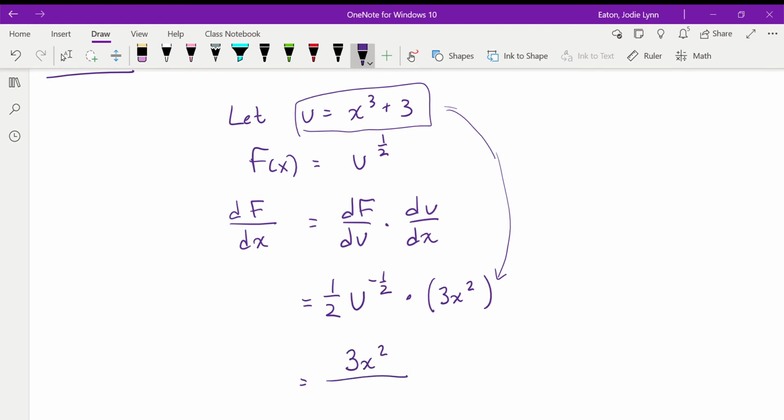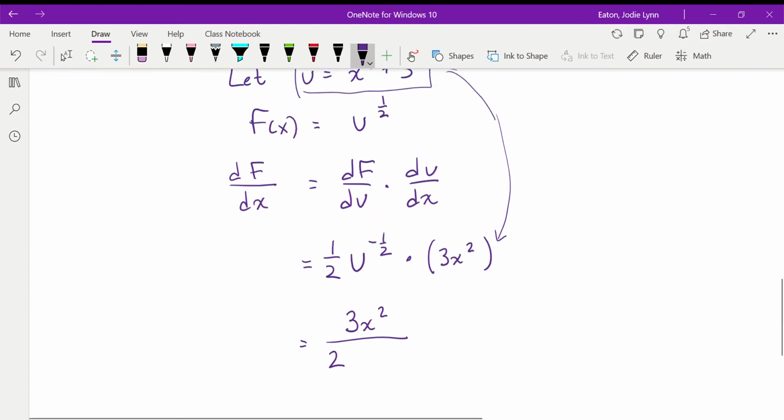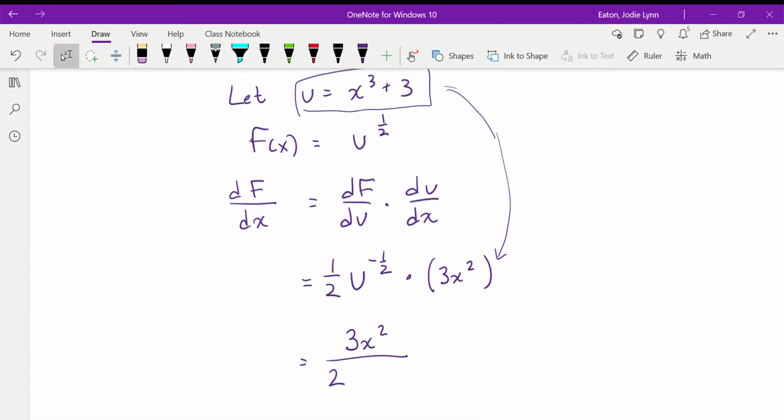In the denominator, we have the 2 from the 1/2, and our u, which is x cubed plus 3, to the power of 1/2, so I can just put a square root. Notice that we're replacing our u back with x cubed plus 3, and rewriting the negative 1/2 power as a radical in the denominator.